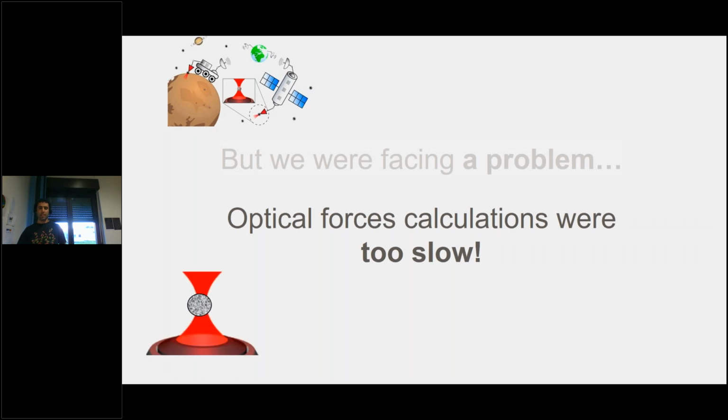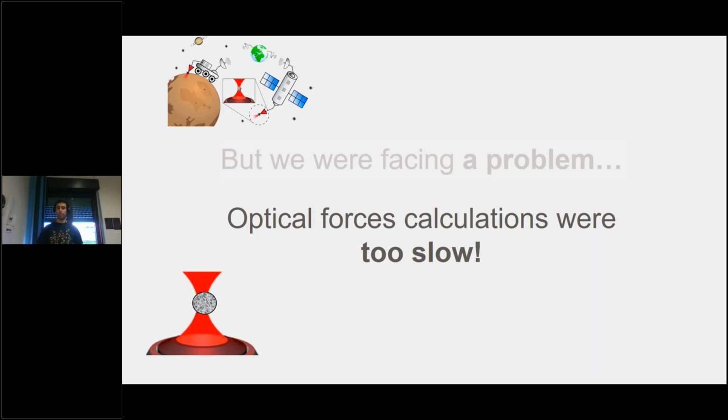So imagine you have a particle in an optical tweezers, and in order to simulate the dynamics of this particle, you need to compute the optical forces at a given position, because the forces depend on the position. And then you need to compute the Brownian motion contribution to the motion of this particle.